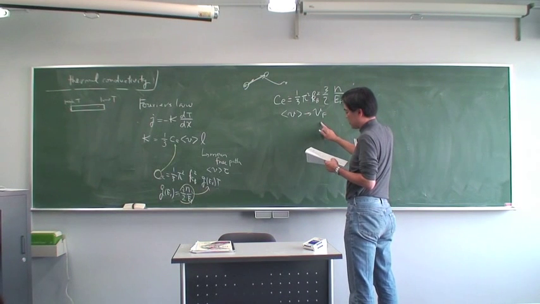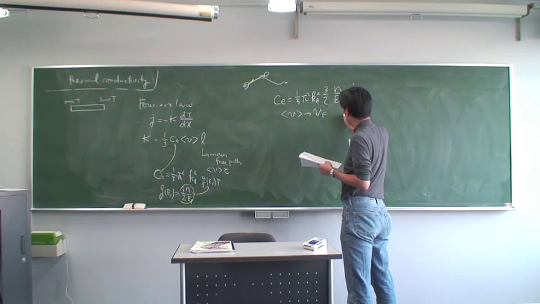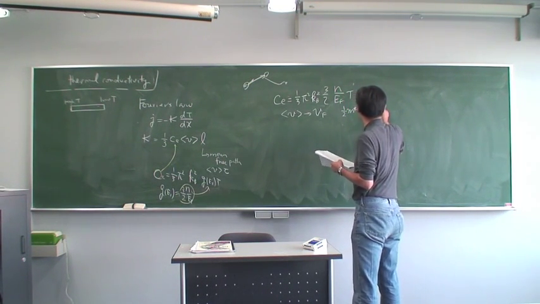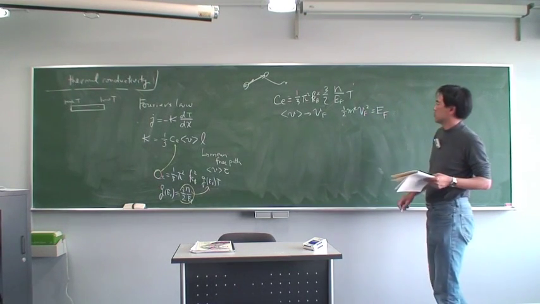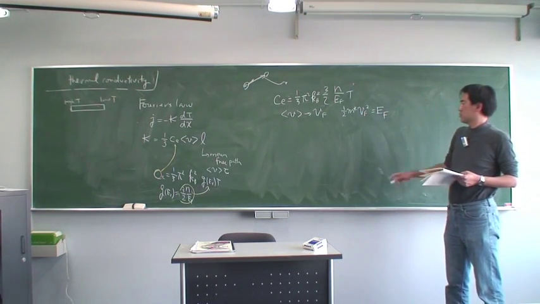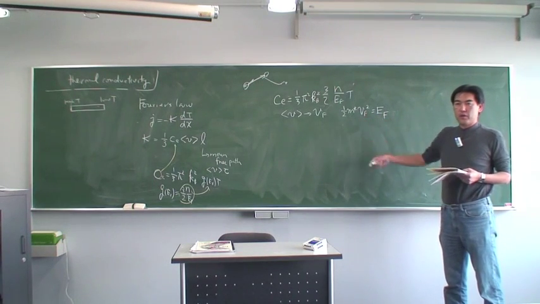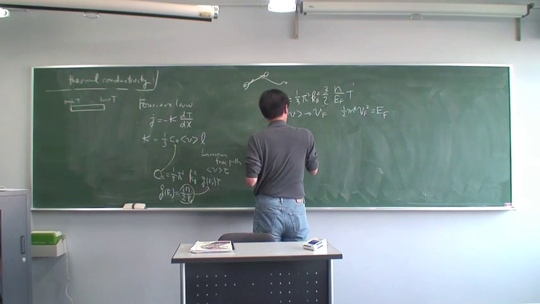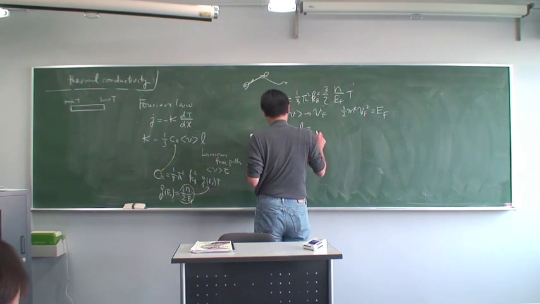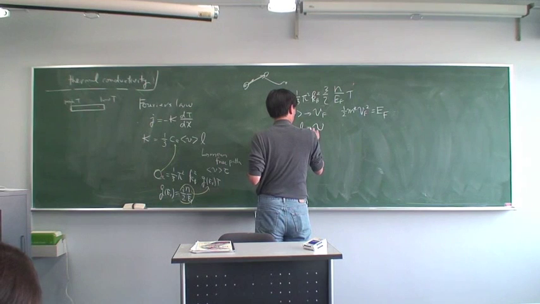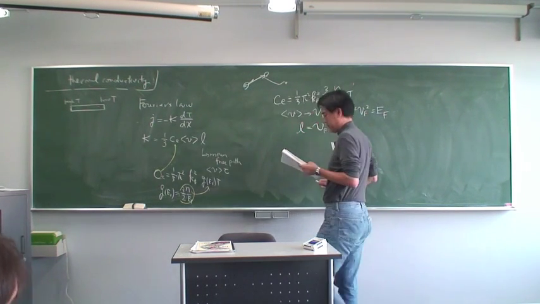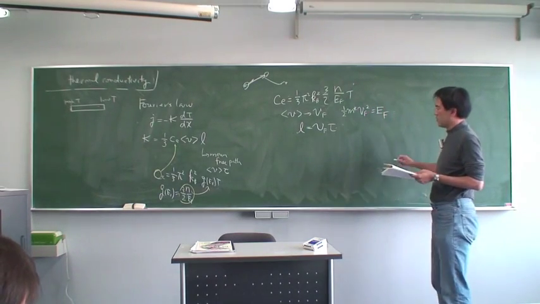Remember, the Fermi energy gives the Fermi velocity. And L here is Fermi velocity times tau.